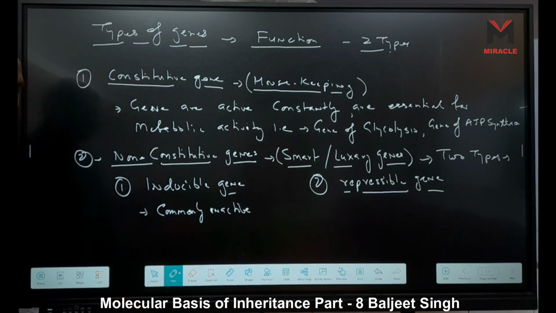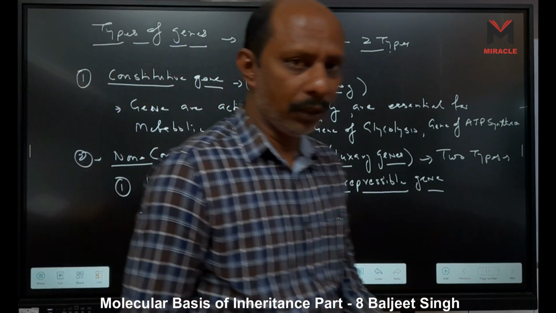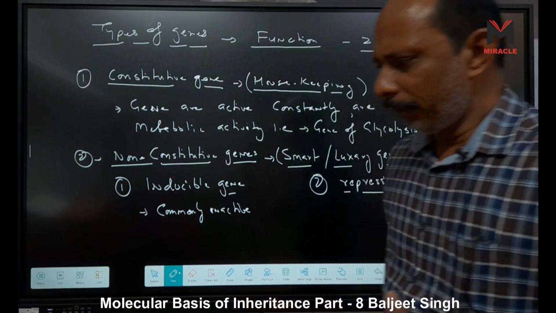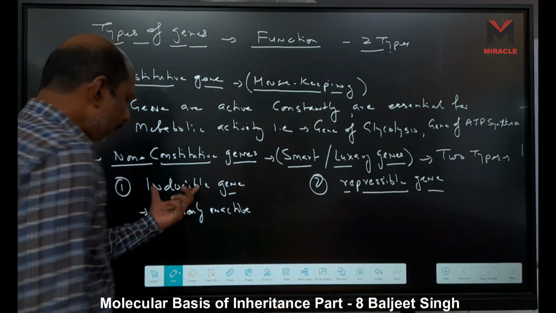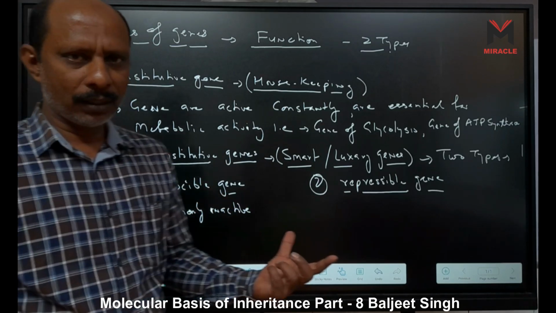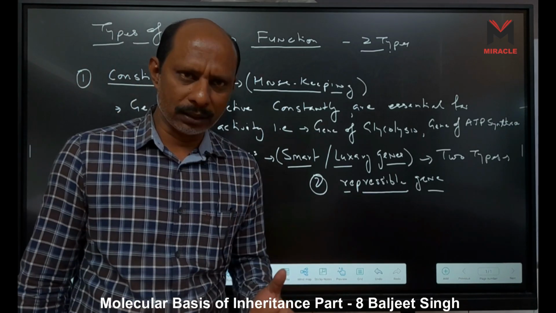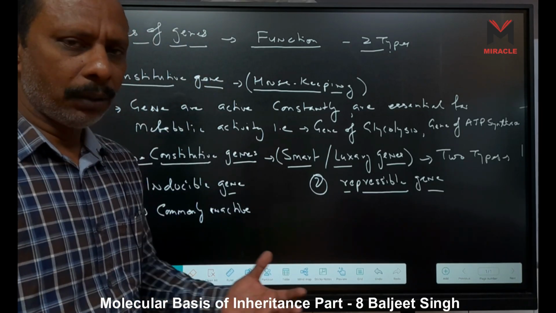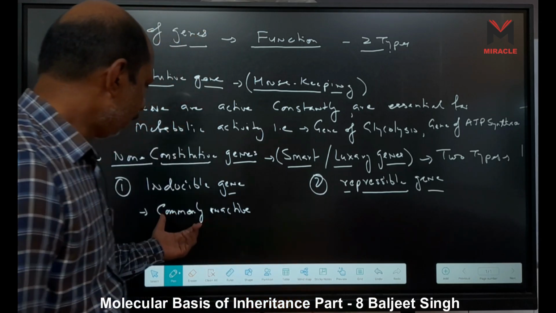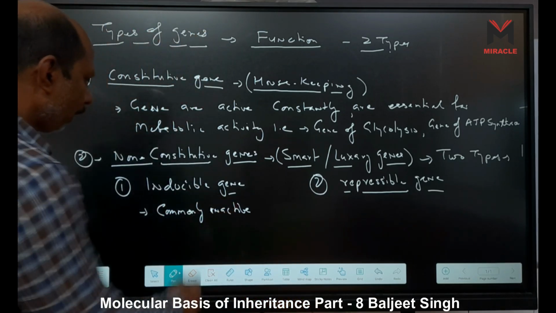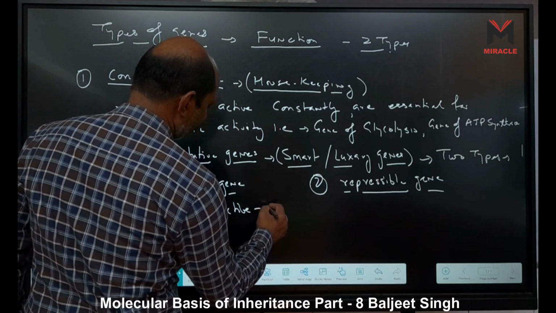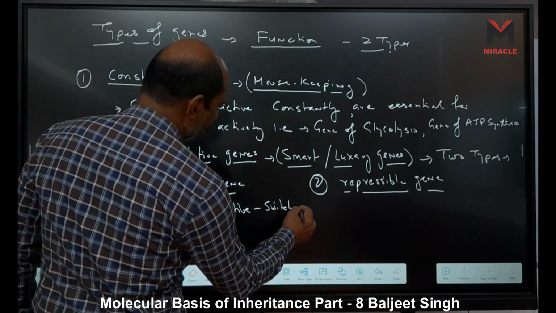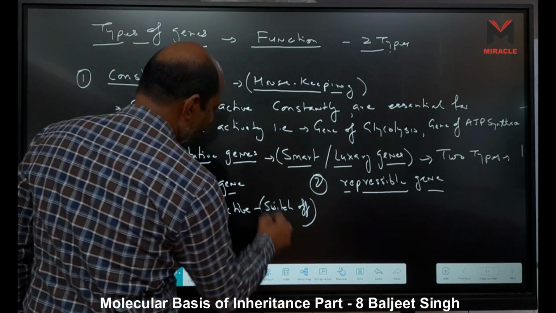But in the presence of an inducer, or when the cell demands, these inactive genes become activated. Due to the presence of the inducer, they become activated, right? So they are commonly in the off position, commonly switched off.